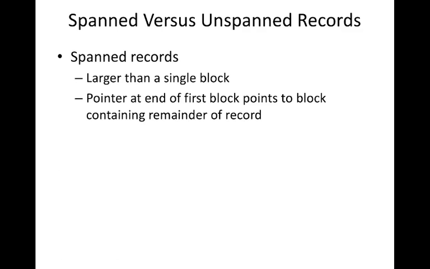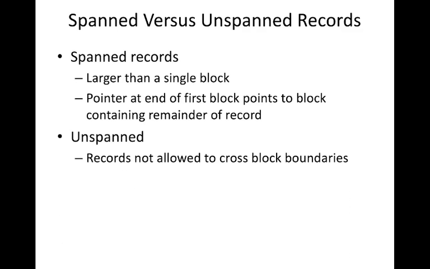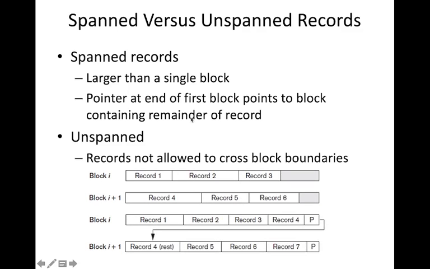Spanned records and unspanned records, you have to understand. This is an example. Leave all this text matter, you will see this one. This is an unspanned record. If the record size is larger than a single block, then we have to link.